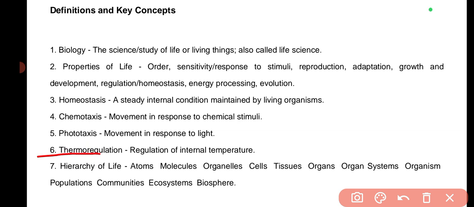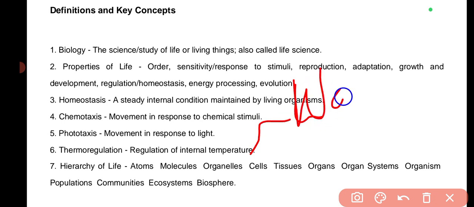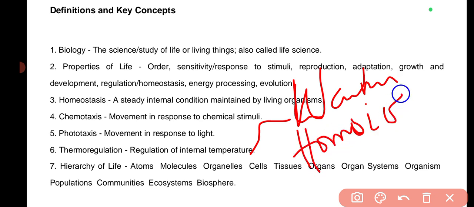So we have thermoregulation, which is just regulation of internal temperature. There are some organisms that are warm-blooded or homoeothermic. Then we have the cold-blooded, which are poikilothermic.